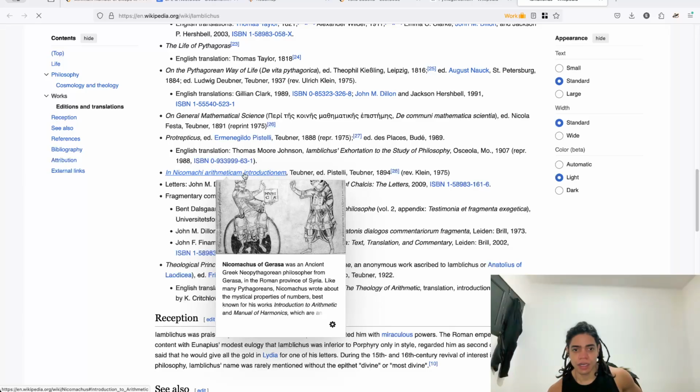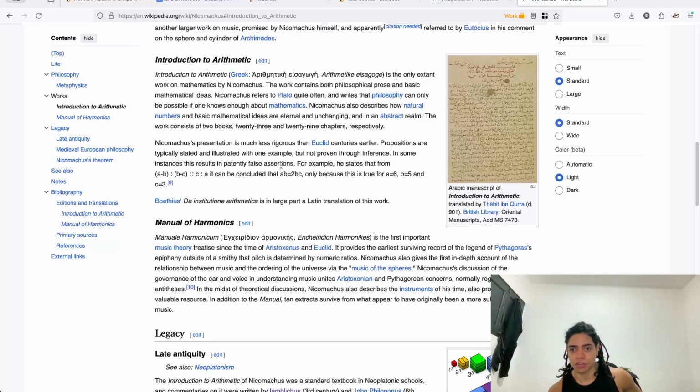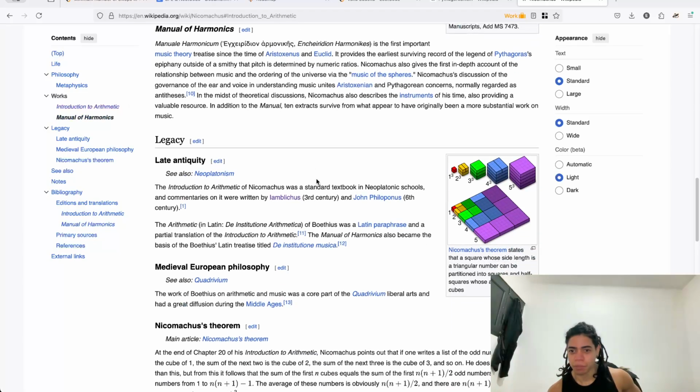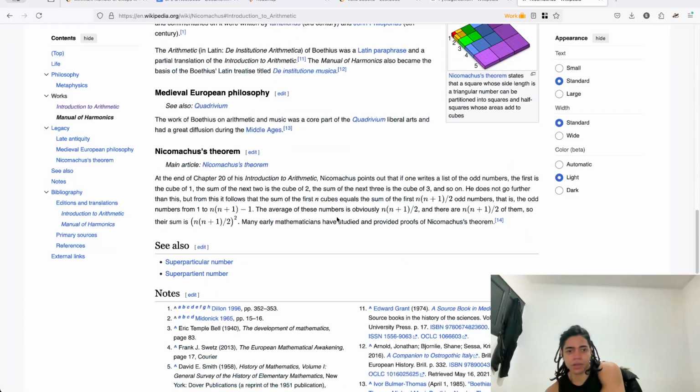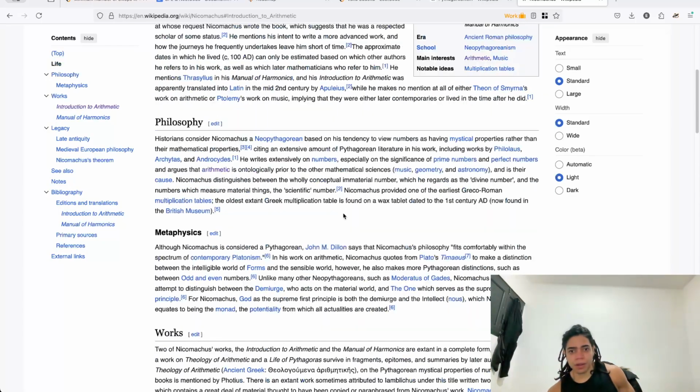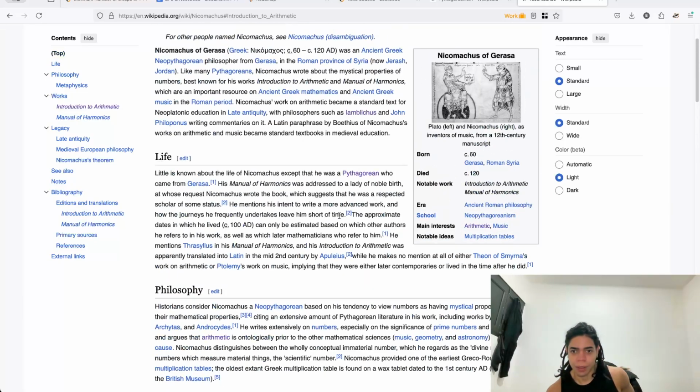In Nicomachus' Introduction to Arithmetic, bro. We were talking about this here, bro. Nicomachus' theorem. We were talking exactly about this. This is what we're talking about. It's representations, my friend.